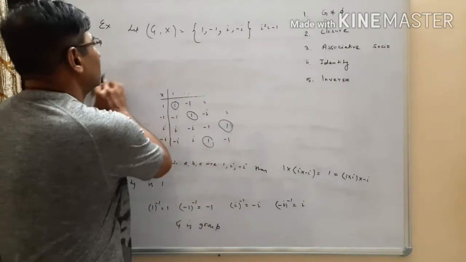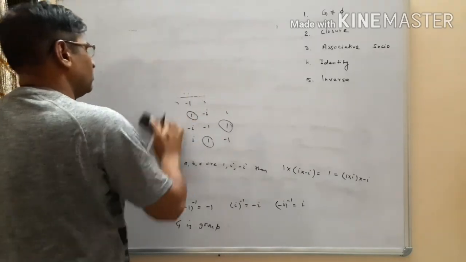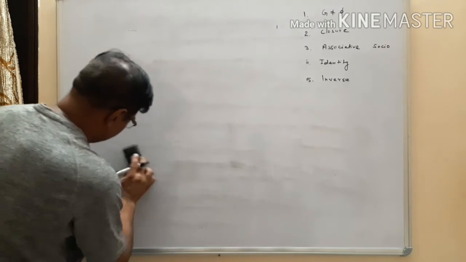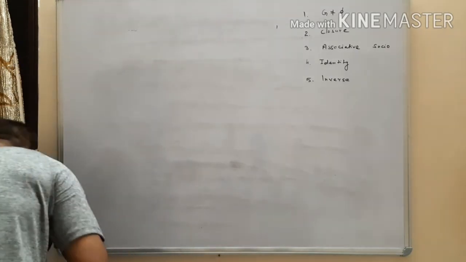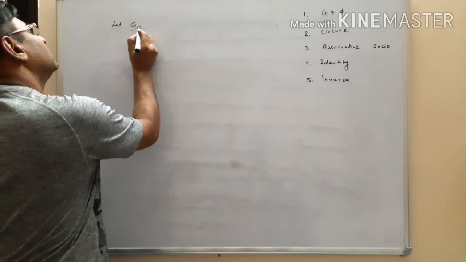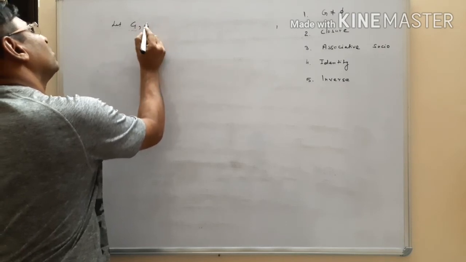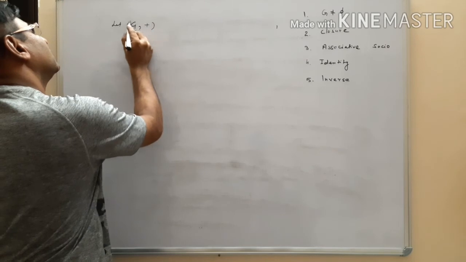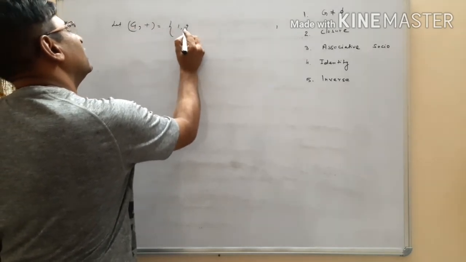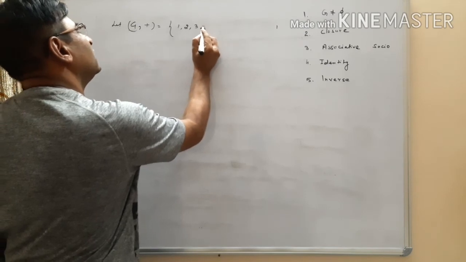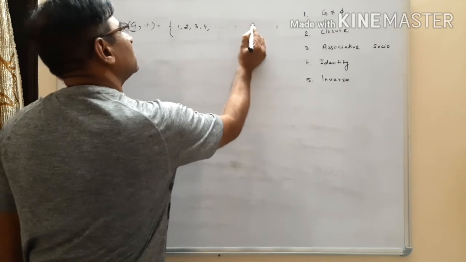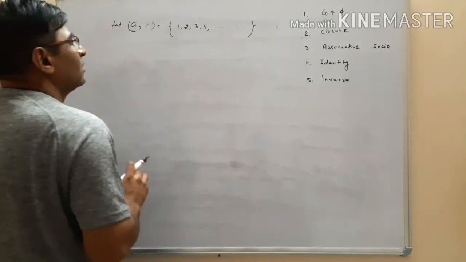Again, one more example. Let G be a set, and our operation is now addition, and G is the set containing 1, 2, 3, 4 and so on. So you check.